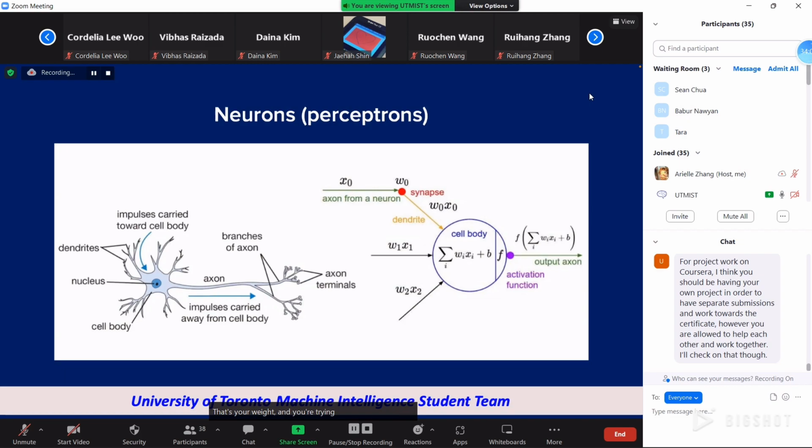And you're timing them together to adjust the intensity of your inputs. So you multiply X naught with W naught, and now you have a combination of W naught and X naught. I know that's repetitive, but that's over here. The weight multiplication is really important because that's how you adjust things.